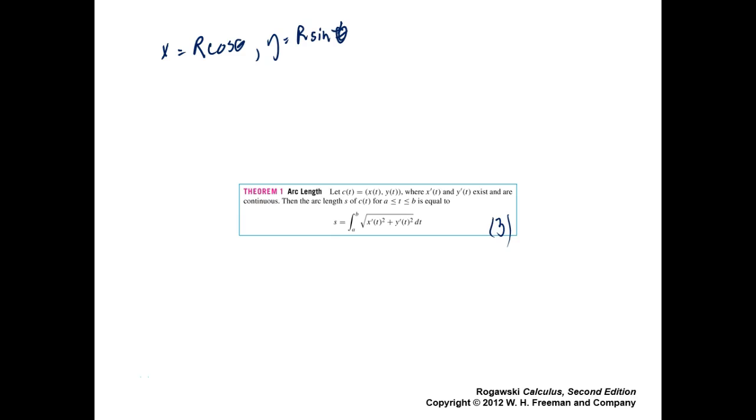There's your typical parameterization for a circle, including the one they're talking about here, a circle of radius r. Capital R is a constant in this problem. Theta, however, is not. That's your variable. All right, what we want to do is use this formula to do the arc length. Obviously, your independent variable is not t, but theta.